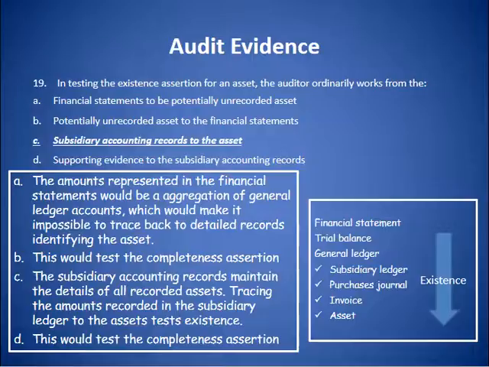B, this would be a test of completeness. C, the subsidiary accounting records maintain the details of all the recorded assets, and tracing the amounts recorded in the subsidiary ledger to the assets does test existence. And D, this would be a test of the completeness assertion.